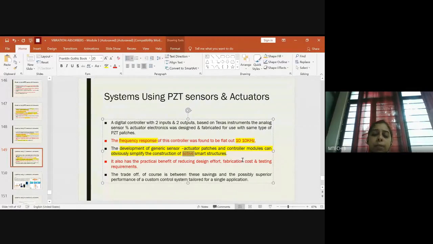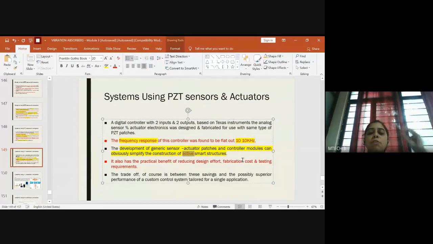Active smart material classifications are used to make active devices like actuators, wherein passive smart materials are used to make only sensors which can sense, but cannot take any action, and hence the name passive smart structures. Here, all the smart structures we are dealing with are active smart structures only. So you have to remember to use the word active smart structures.